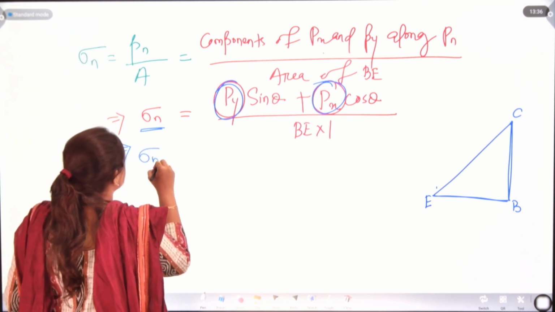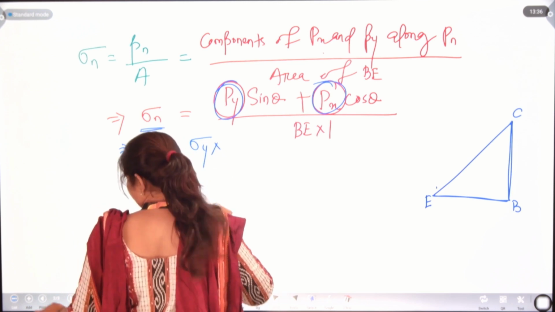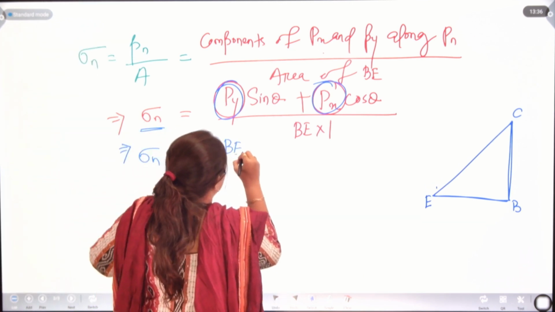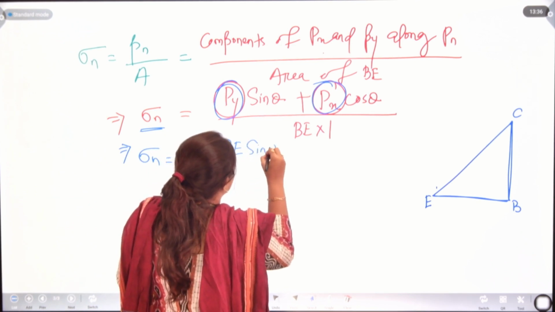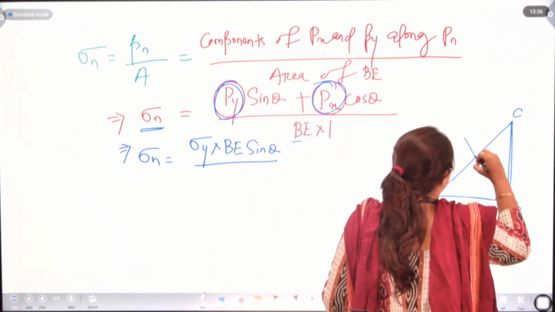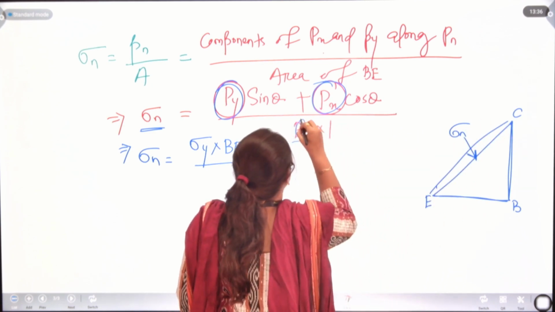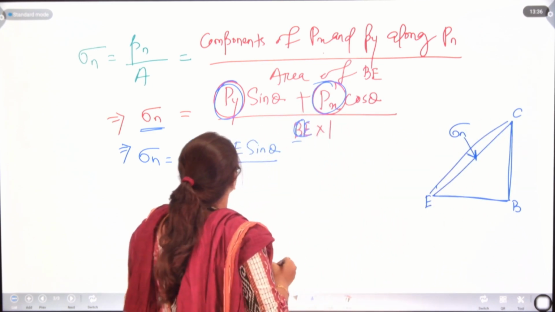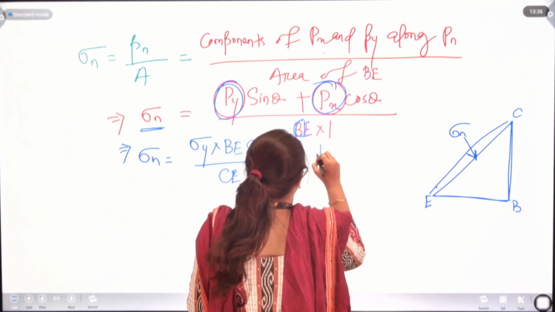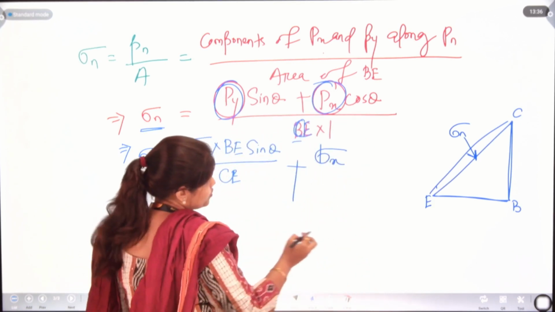So we can write sigma n equals sigma y into BE sin theta upon CE. Here, as normal stress is acting in this plane, let's take CE, right? So CE plus sigma x into which plane?